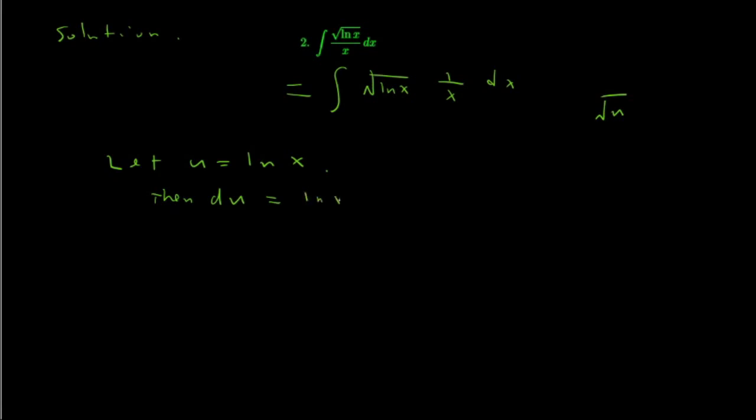It's the derivative of natural log of x and then times dx. Do not forget dx is part of the differential notation. So du is equal to the derivative of natural log of x, which is 1 over x, right? So we have 1 over x and then times dx. That's the differential of u.